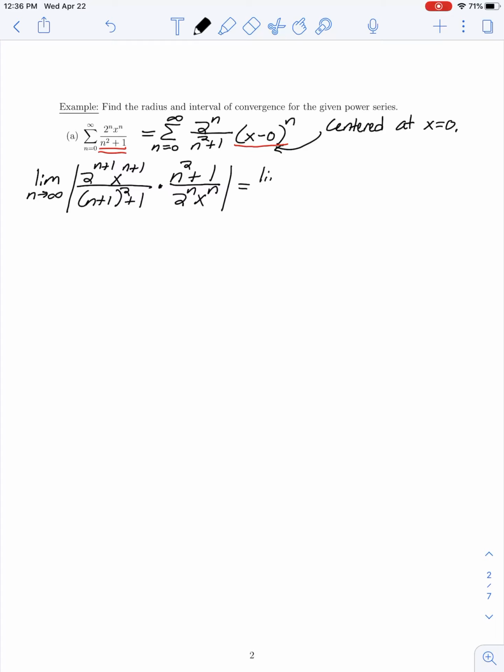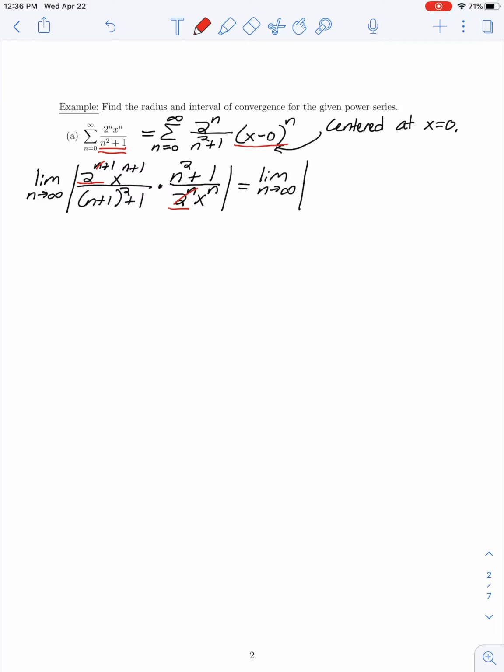So here we have the limit as n approaches infinity of the absolute value of, well, let's see what terms can be simplified here. Inside of our absolute value, we have 2 to the n plus 1 divided by 2 to the nth. So I can cancel n powers of 2, and I'm left with 2 to the first for my numerator.